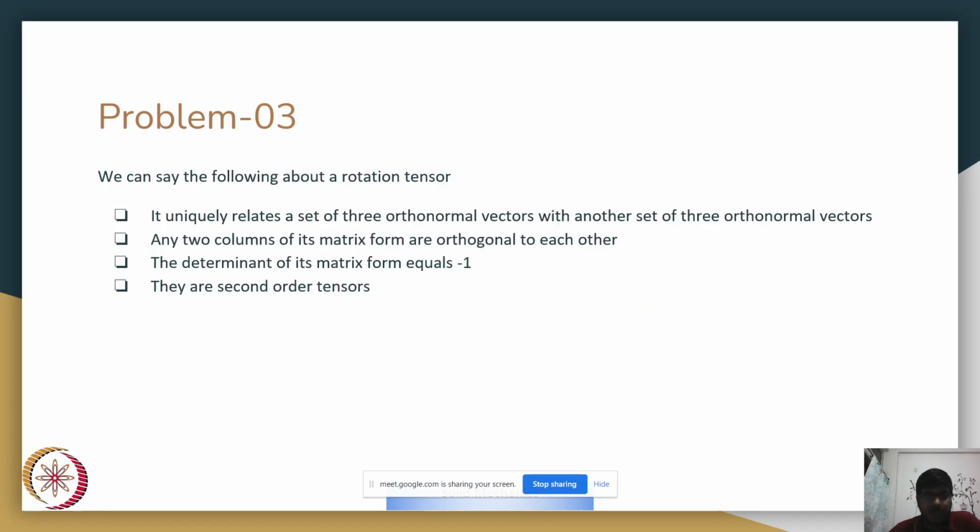So the third problem. What can we say about the rotation tensor? If you guys remember, rotation tensor, I'll denote it by R. It should be orthogonal. Yes, correct.